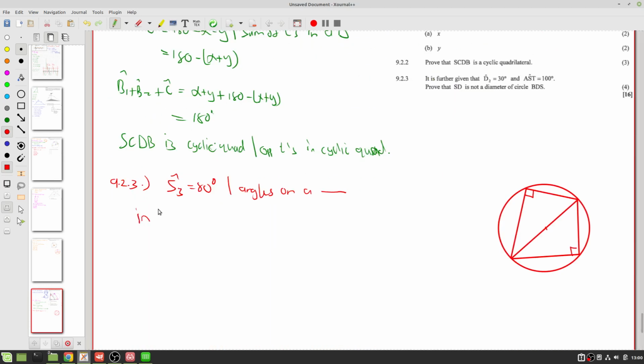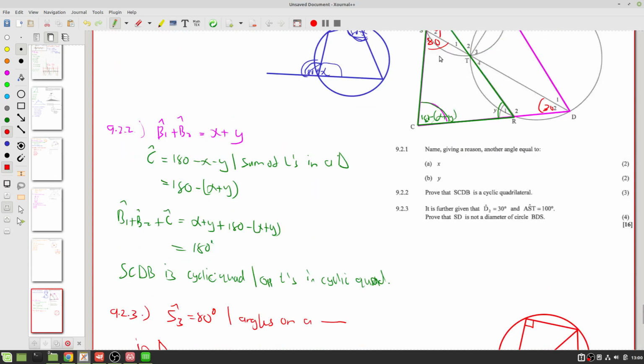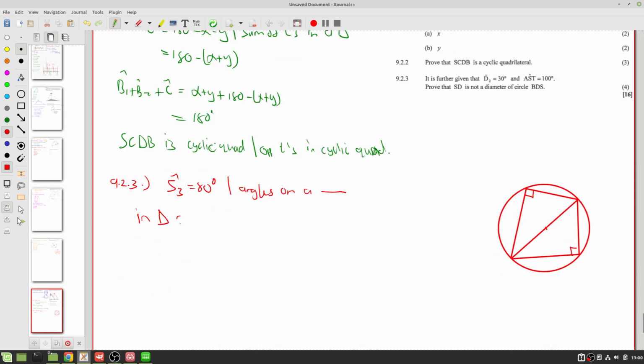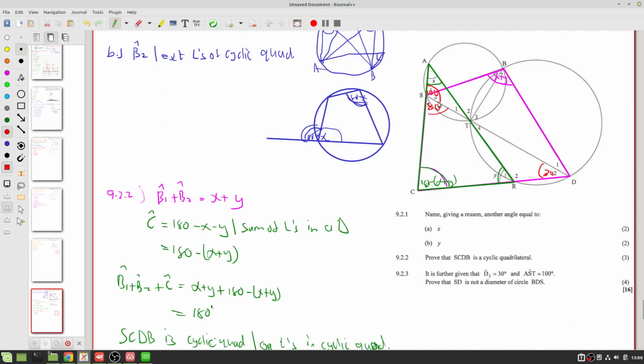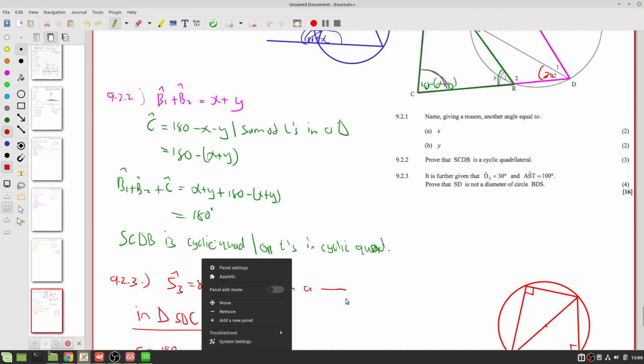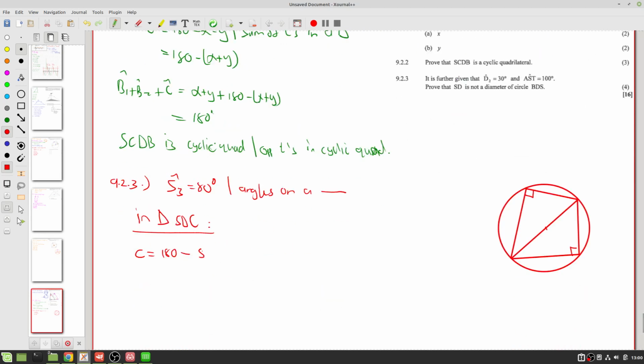In triangle SDC, C is equal to 180 minus 80 minus 30. 180 minus 80 is 100, minus 30 is 70 degrees. 70 degrees is not 90. The reason is the sum of angles in a triangle. So angle C is 70 degrees, so it's not 90.